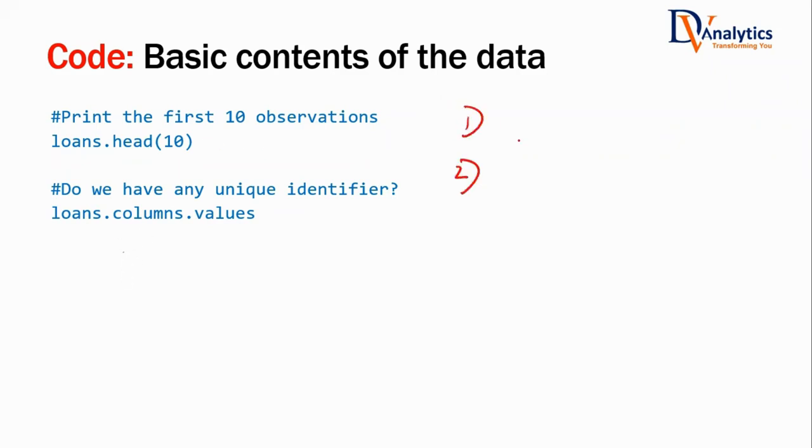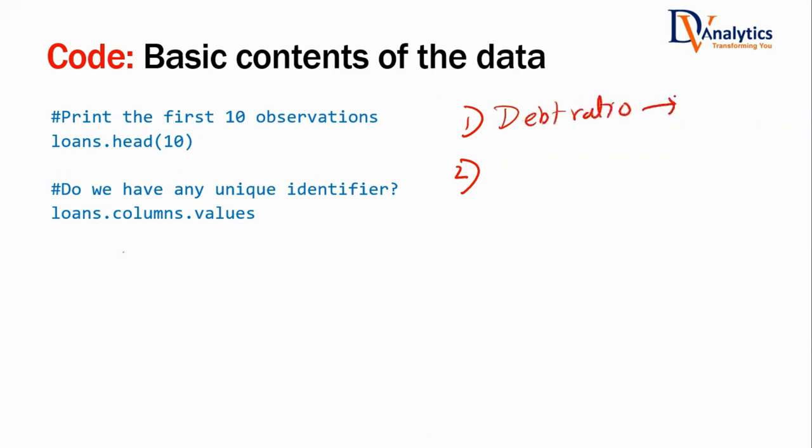Have you found any issues? Observe it carefully and let me know if there are any issues that we have found here. Sir, one of the issues is in debt ratio. What is the issue in debt ratio that you have found?